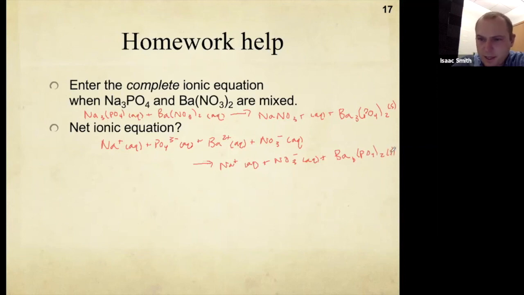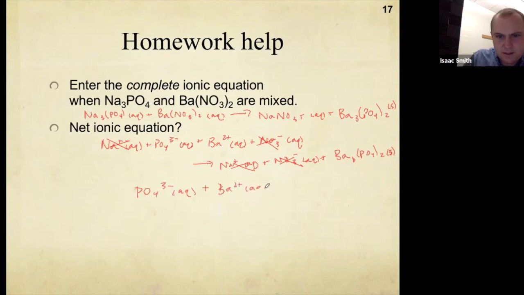If we look at ions that are common on both the left and the right, sodium would cancel out and nitrate would cancel out. So we would be left with the phosphate and the barium coming together to give barium phosphate.